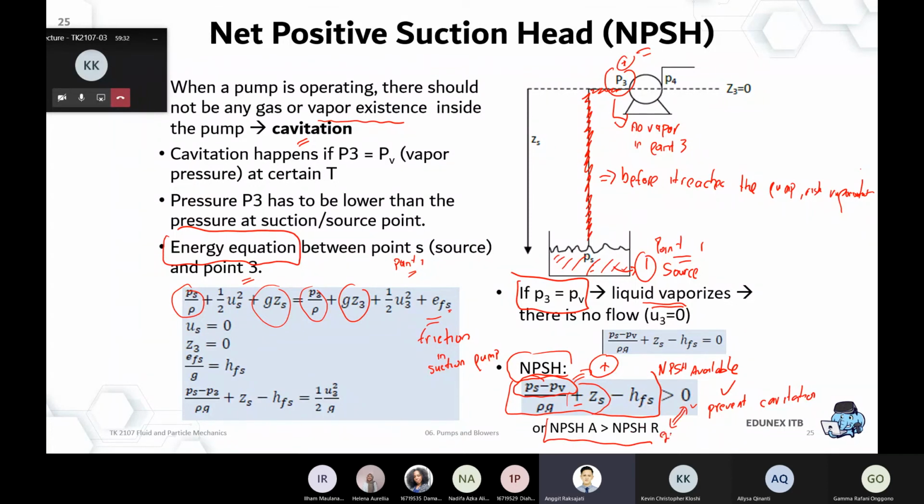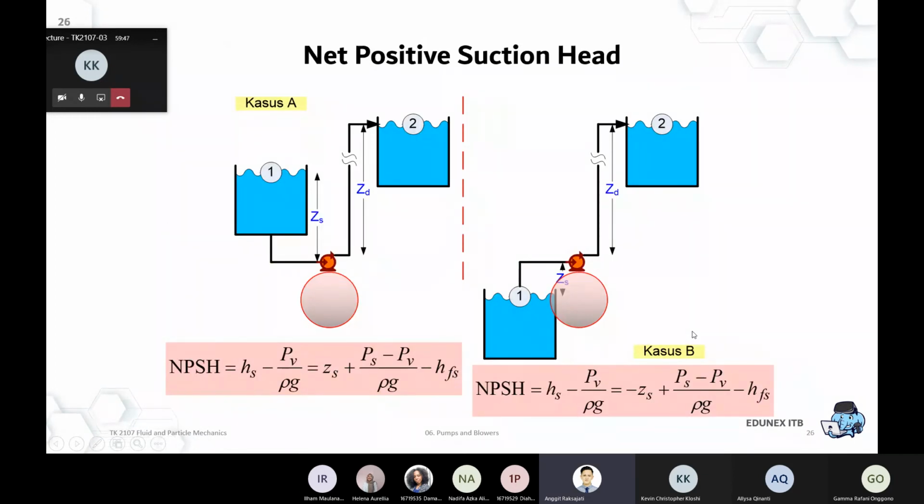The concept is still the same: you want to make sure that at point 3, the pressure doesn't reach the vapor pressure where it starts to vaporize. So let me close this class by using this slide.